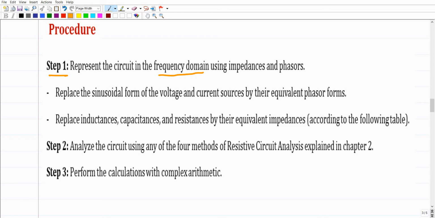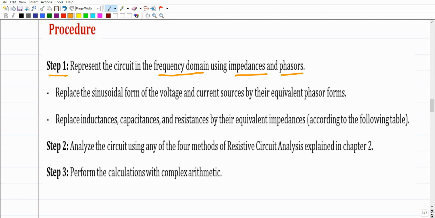If there is any current given to you in the electrical problem, your objective is just to convert this current into a phasor. So for any given current or voltage, convert it into phasors. This is one thing. Also, convert any resistor, capacitor, inductor into impedance. If we did so, we are already deriving an equivalent form of the original electrical circuit from the time domain to the frequency domain.